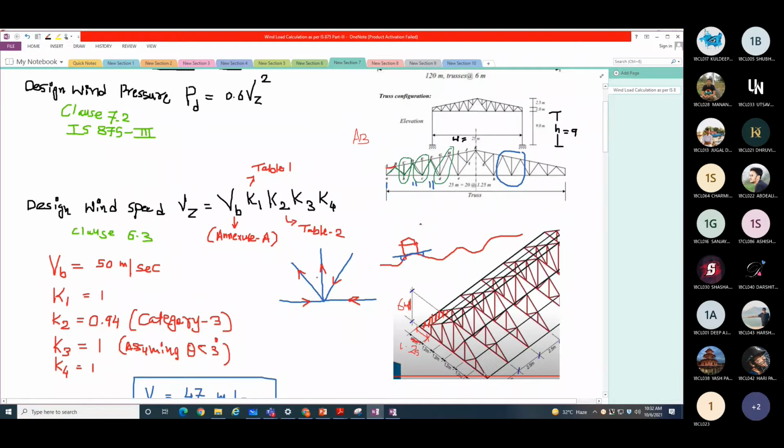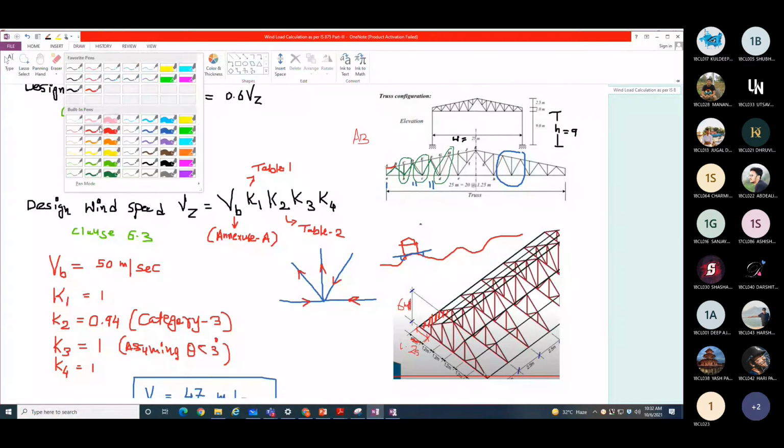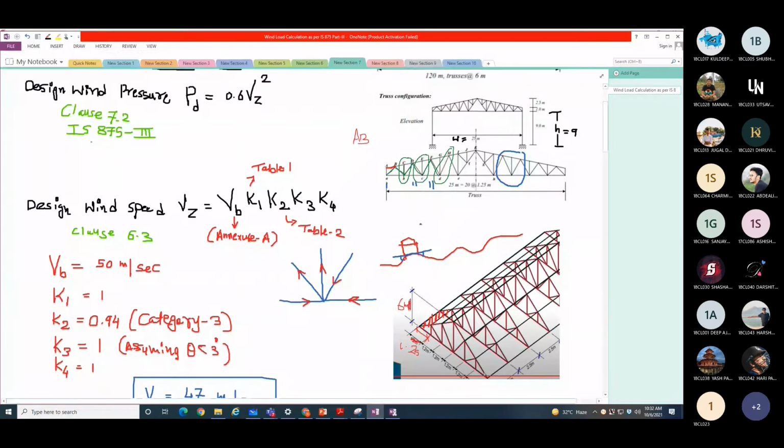From analysis you will get this data. Then you require to do the connection design, which includes the gusset plate design. You require to find the number of bolts or the length of the weld. So from that you can get the idea like this.